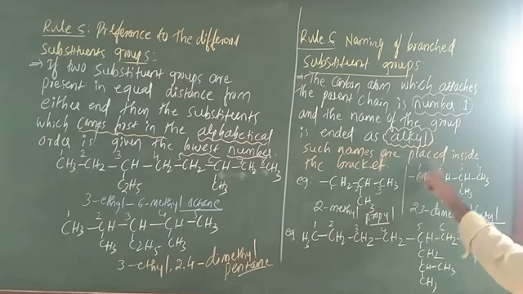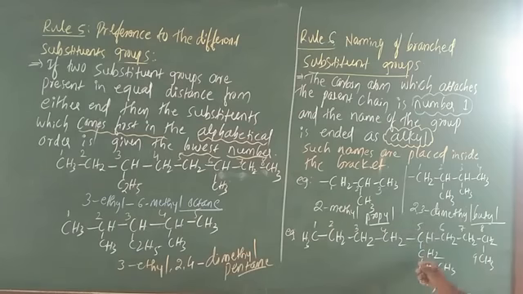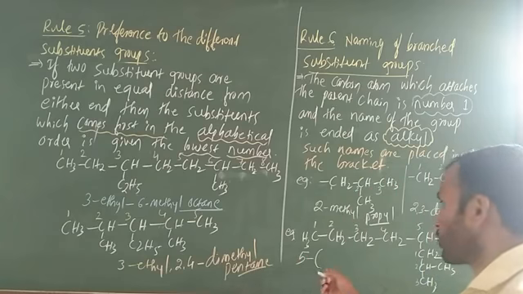Such names are placed inside the bracket if the branched chain is there. If the 5 position is having a substituent, you have to count its carbons: this is 1, this is 2, this is 3. This one indicates a branched chain. Next I am going to write the IUPAC nomenclature. This is 5, first I select it, after that you write a hyphen, next you take a bracket.